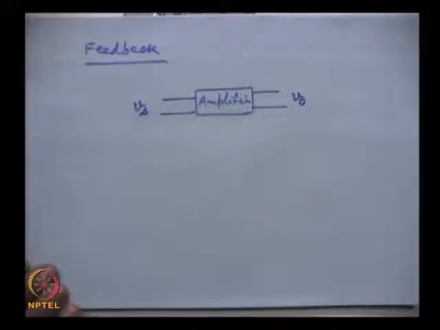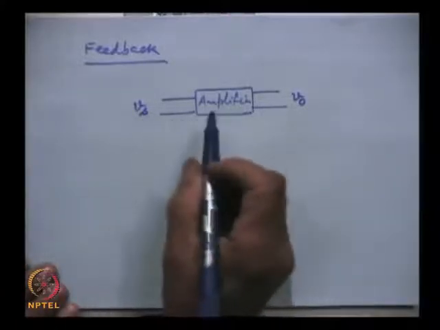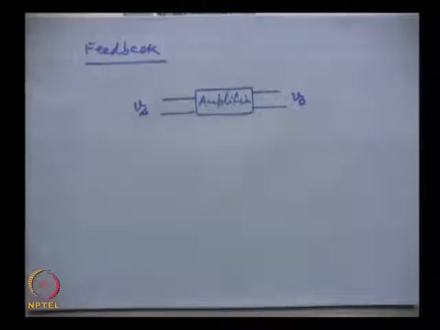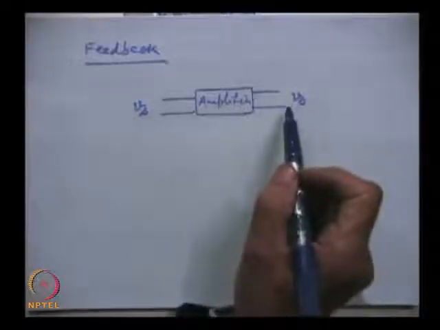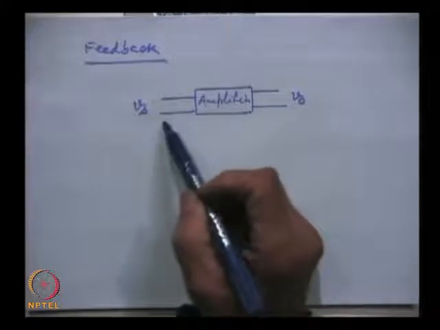Now you know what is the purpose of an amplifier. The purpose of an amplifier is to amplify the signal without changing its characteristics except its magnitude. So obviously the output in an amplifier is a function of input.